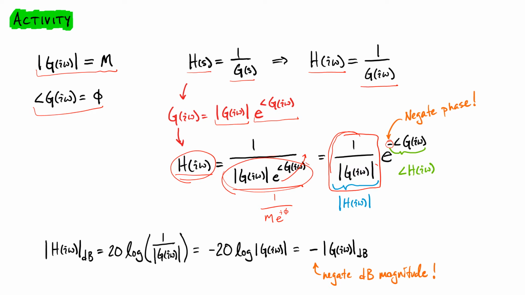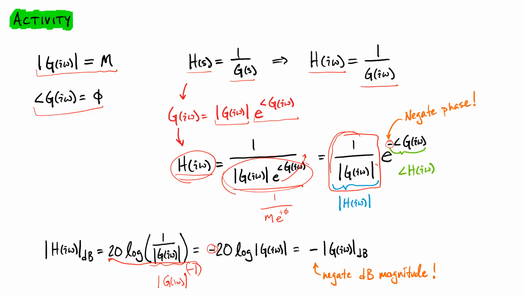And so what does that do to the decibels? We plug that into our formula. It's 1 over the original magnitude, and that can be expressed as the same thing as saying g of i omega to the -1. That allows us to take that -1 and bring it down in front, and that's why we get this negative.